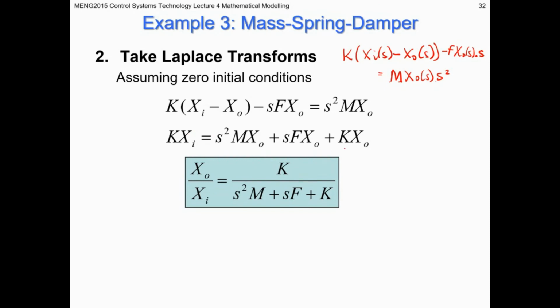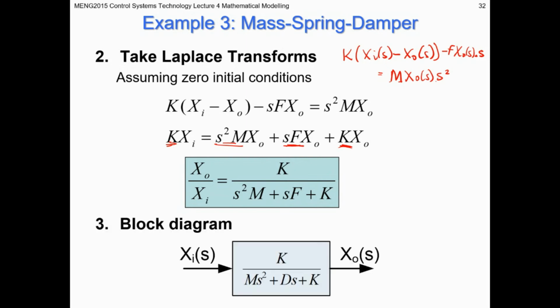We're combining all the x outs and dividing left and right by x in, so you end up with k over s squared m plus s f plus k. That is our model in Laplace for our mass spring damper connected in series.